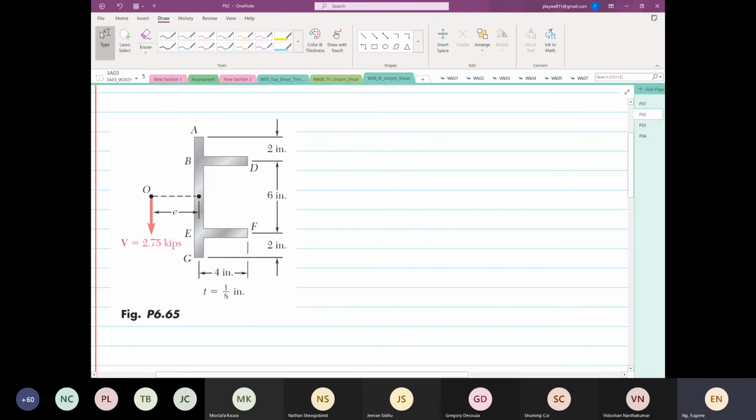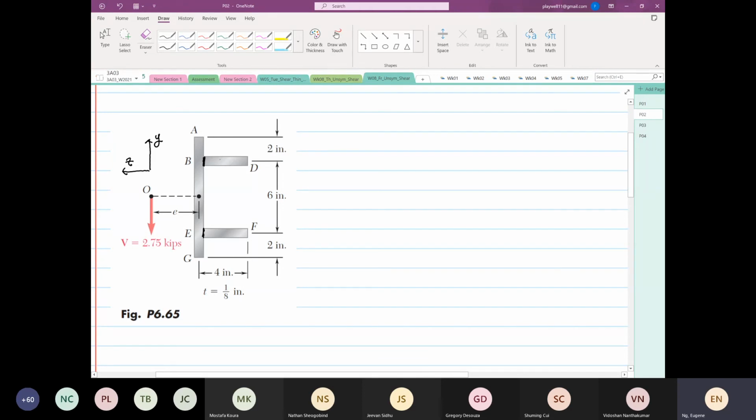So I'm going to draw my transformation. This is our y, and this is our z. We are going to divide this here, and I'm going to divide this here. So that's how I divide it. I draw a solid line.